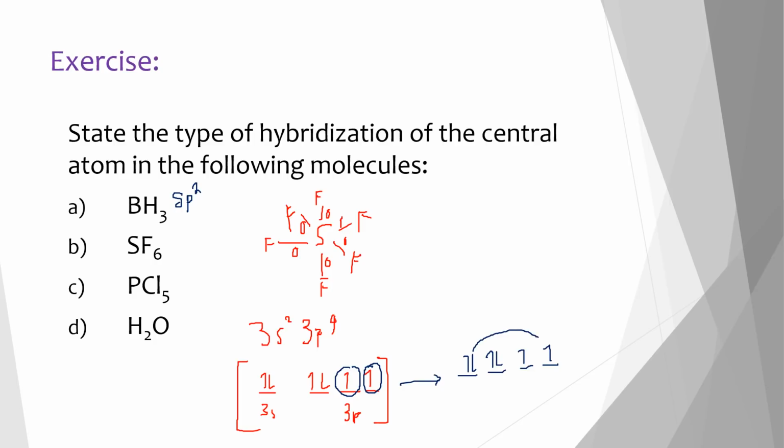If you move the electron from the s orbital to this orbital, this one will become full and this one will lose one electron, and you still get the same case. So what you can do for sulfur, it will have an empty d orbital.